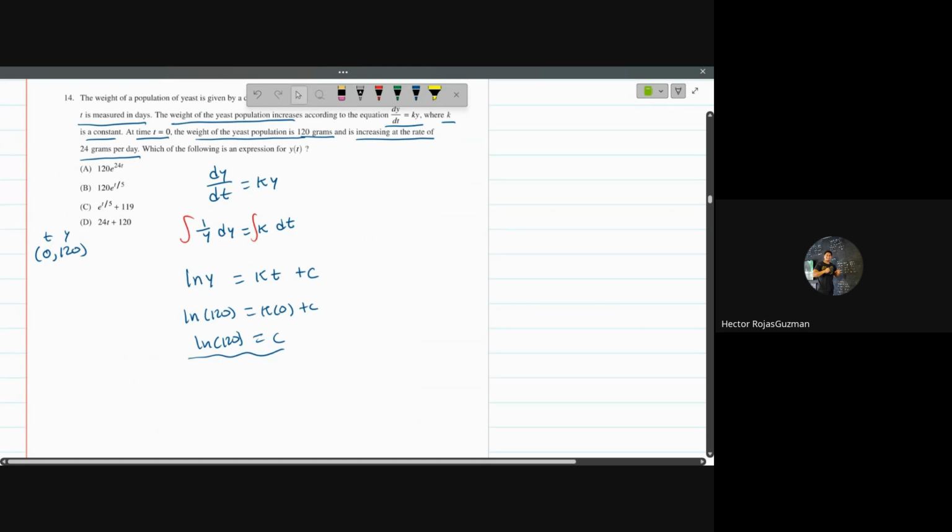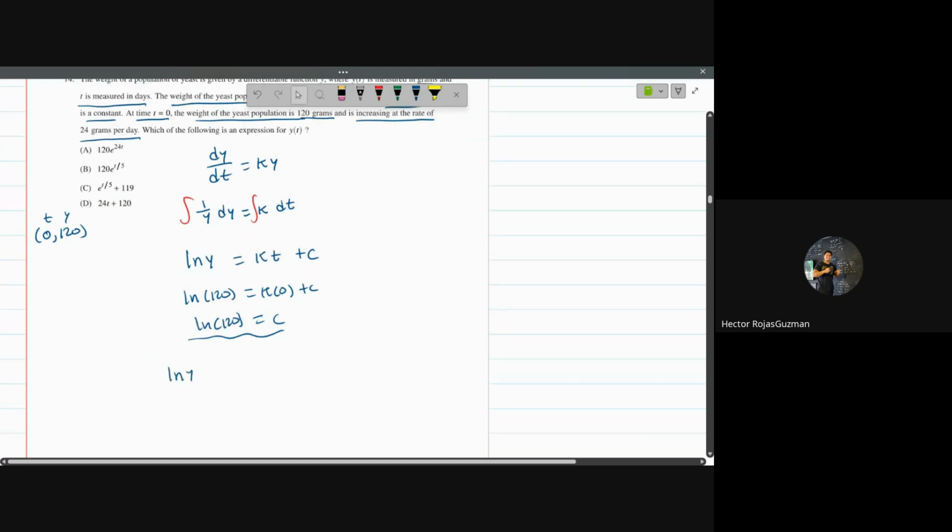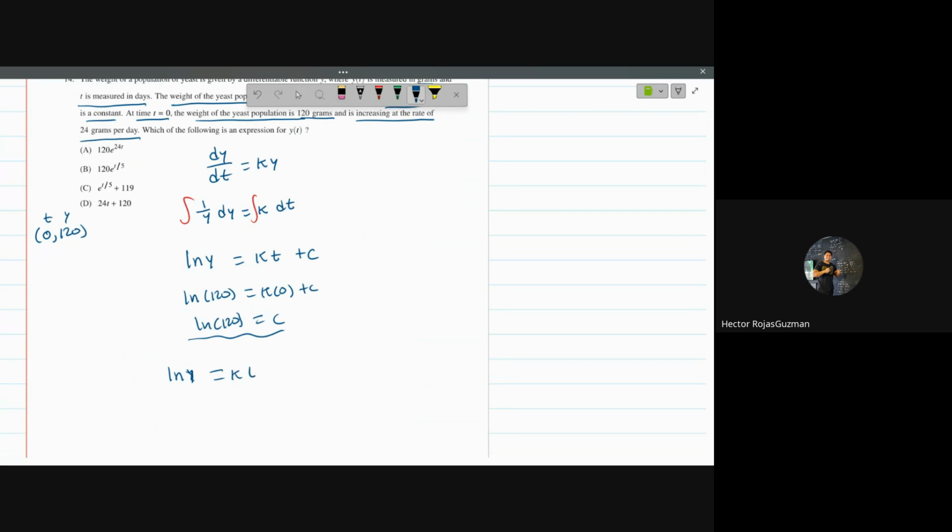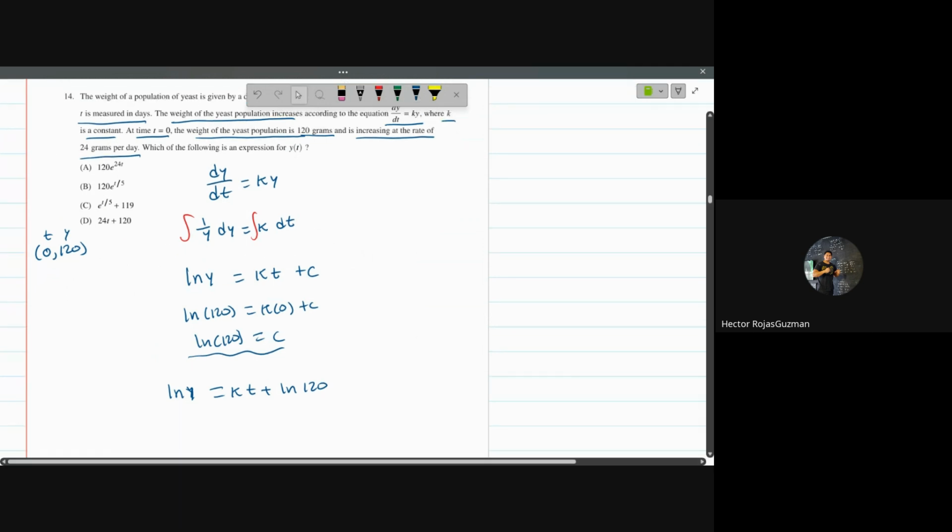And because I have c, I can go back to my function, the natural log of y equals kt plus the natural log of 120, and I can solve for y. But k is still there. K is still bothering me, so we need to find it. So before I move on, let's go do that.